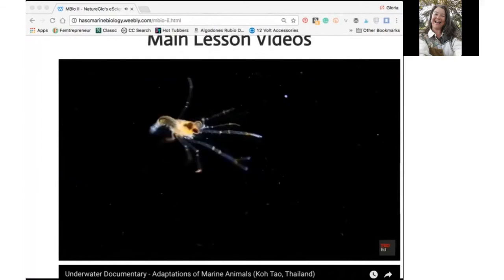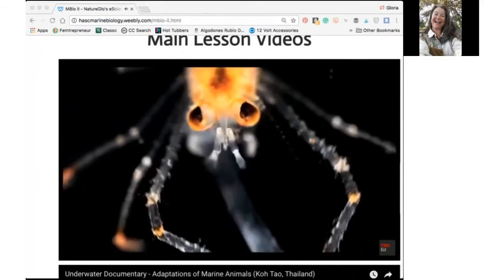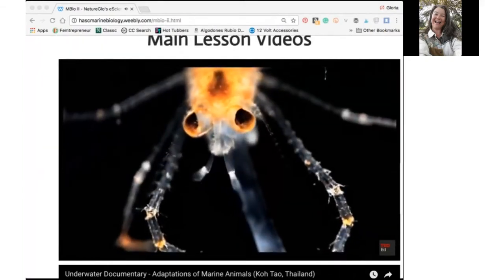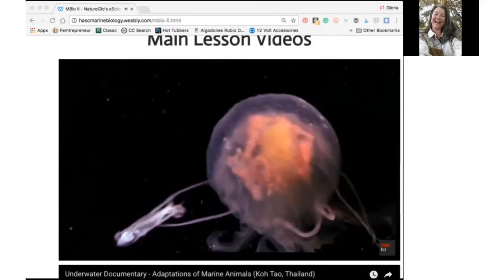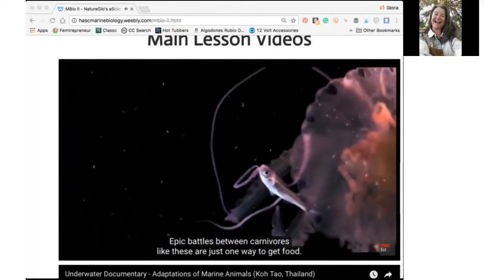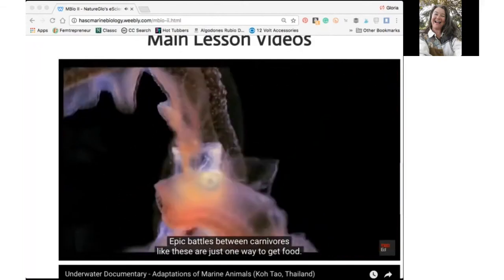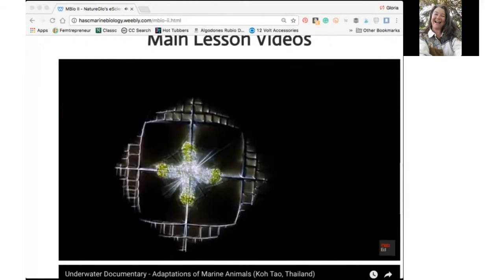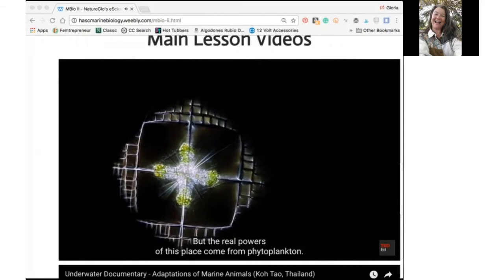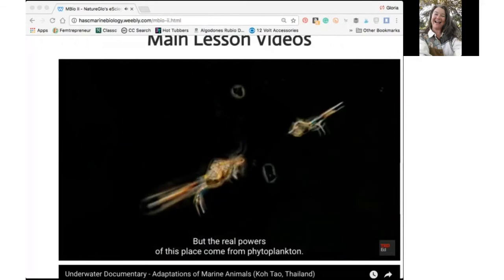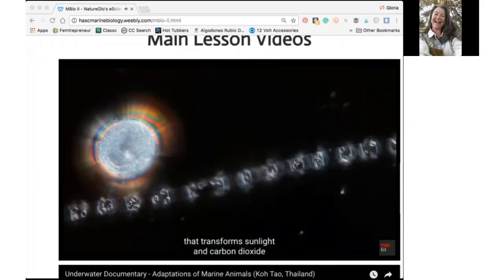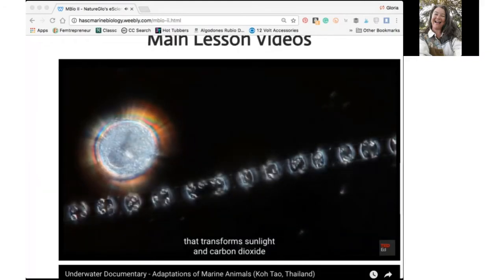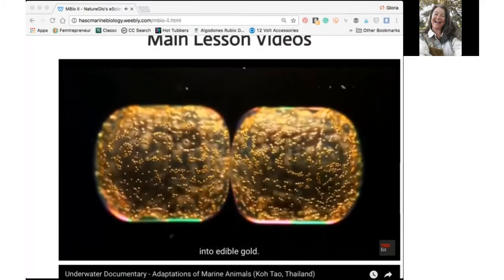Epic battles between carnivores like these are just one way to get food. But the real powers of this place come from phytoplankton. Single-celled life that transforms sunlight and carbon dioxide into edible gold. Phytoplankton are the base for the largest food web in the world.